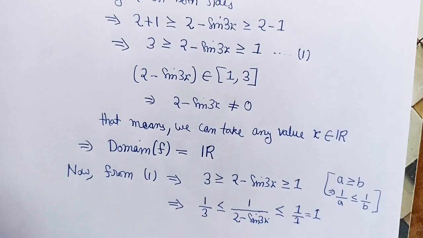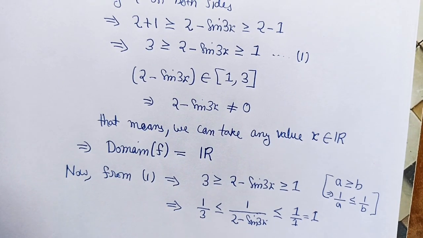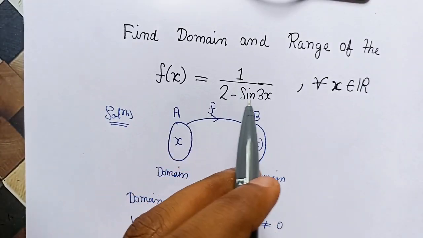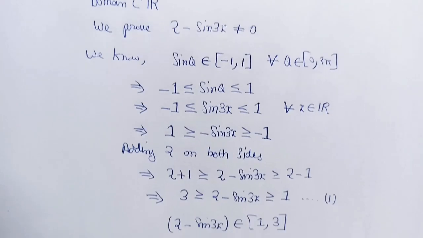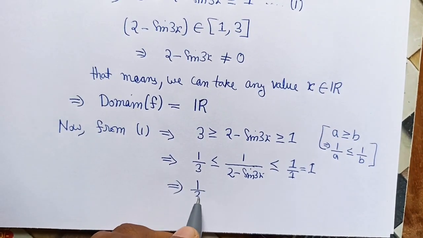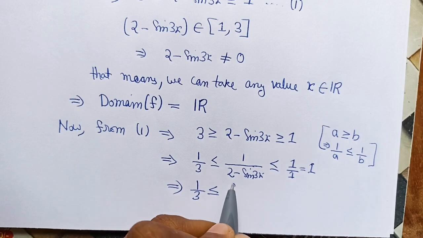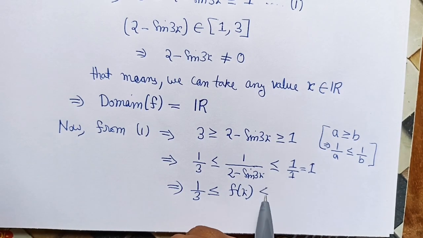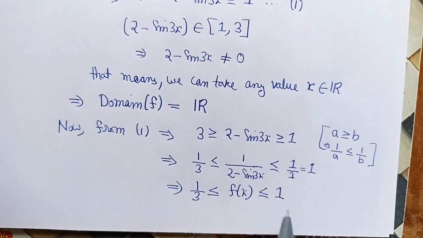You can clearly see 1 upon 2 minus sine 3x is nothing but f of x. So this implies 1 upon 3 is less than or equal to f of x. We just replace this portion with f of x, and f of x is less than or equal to 1.